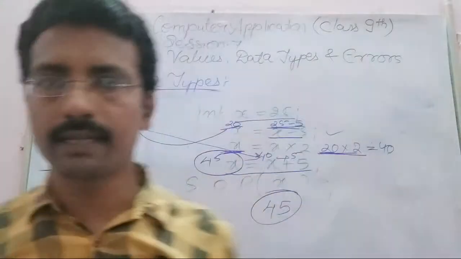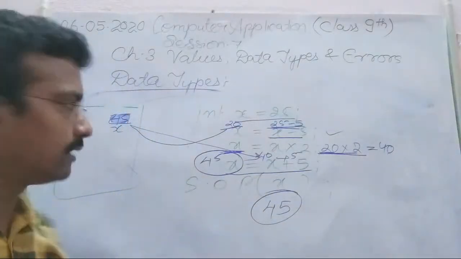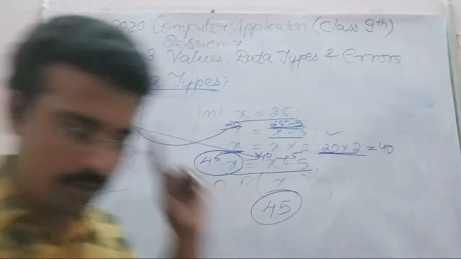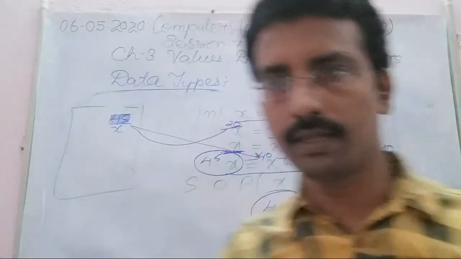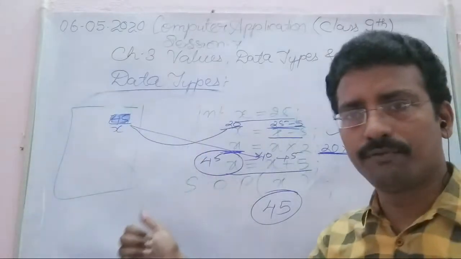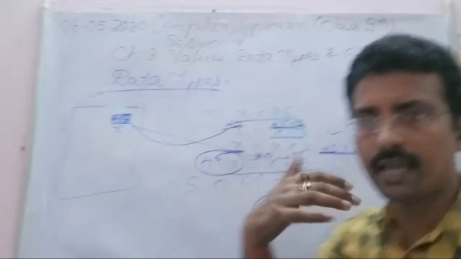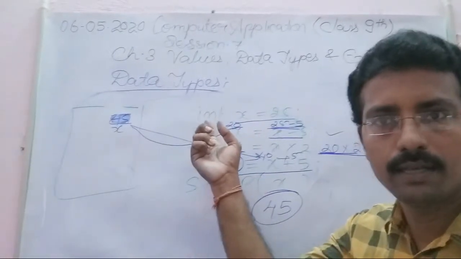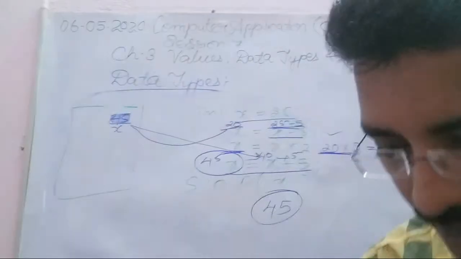This way we will get the new values over the variables. I hope you all are able to do this. Clear? So this way we can perform variable related operations. We can understand the use of variables. We can understand the use of data types. Clear? Next, move to the next topic.